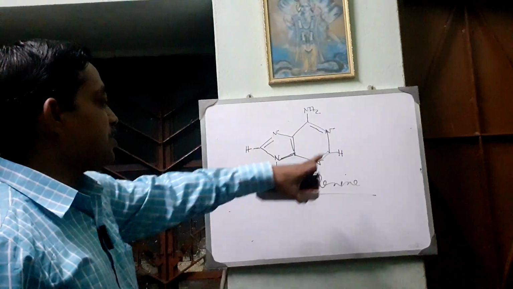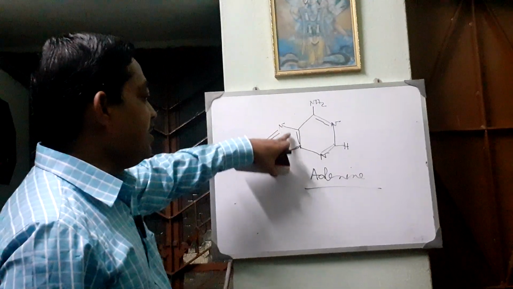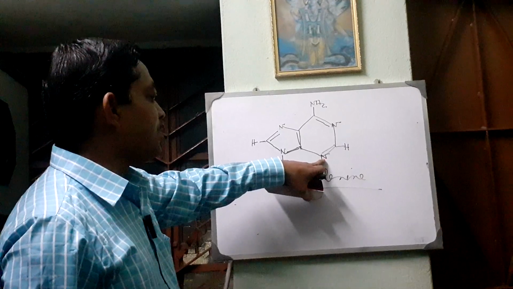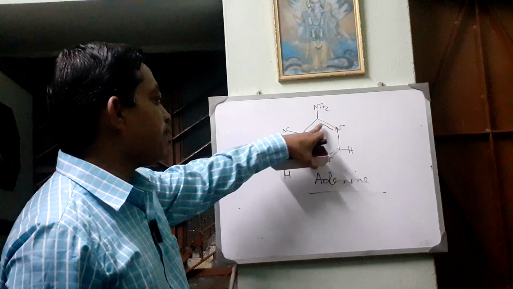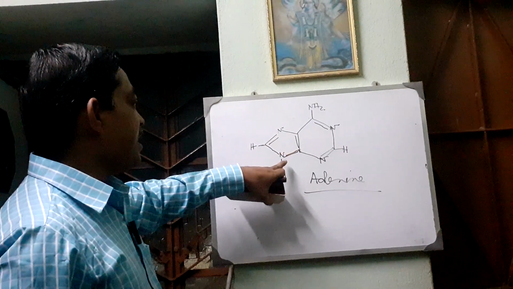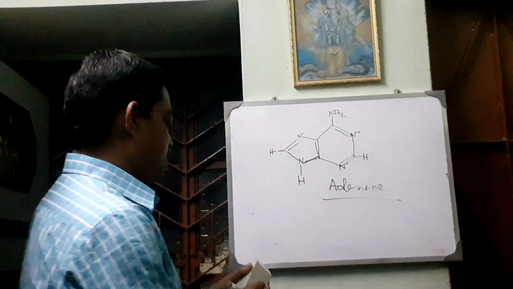You can see this heterocyclic ring in which nitrogen and carbon atoms are both present inside the ring. That is the adenine structure.